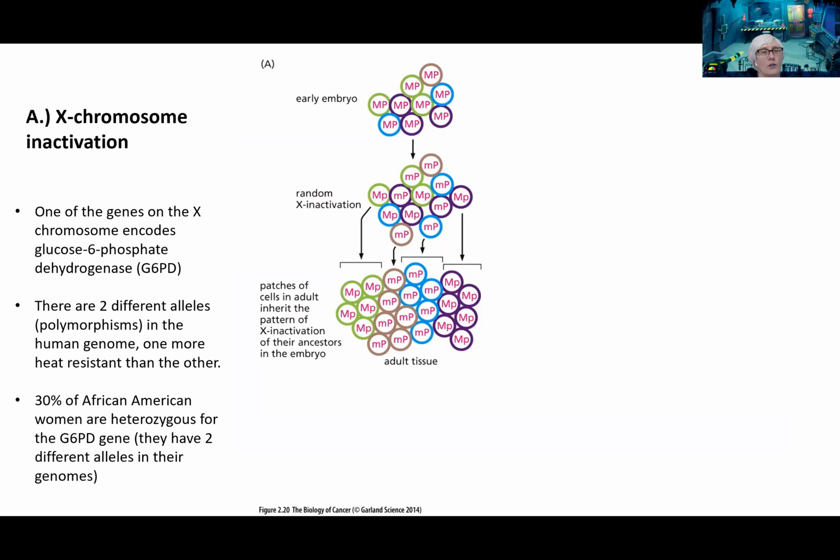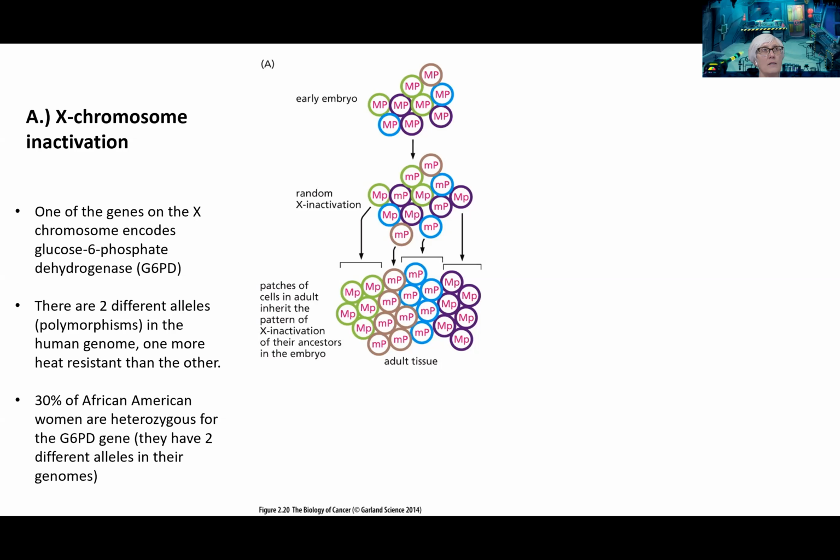Both of those versions function normally, although they behave somewhat differently. So we cannot call one of them mutant because they both function normally. So we call these different alleles polymorphisms or isoforms or versions of the gene.